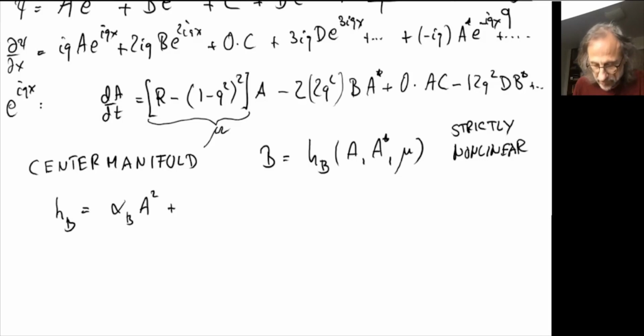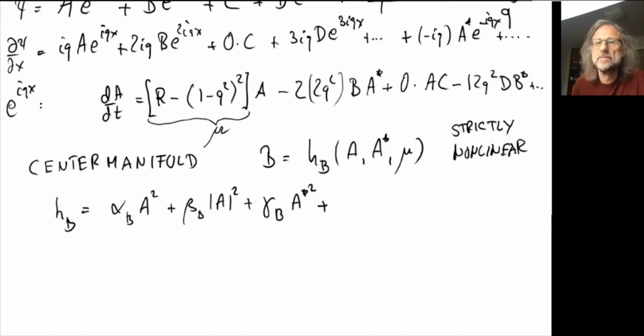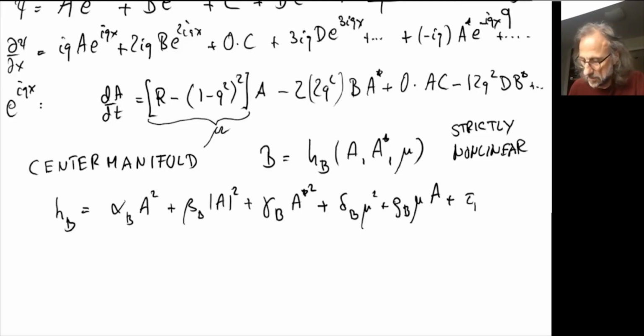Then there's a term beta B times A absolute value squared, gamma B times A star squared, plus now come more terms because we have to have the mu. So there's a delta B mu squared and a rho B times mu A and a tau B like times a mu A star, and of course higher order terms.